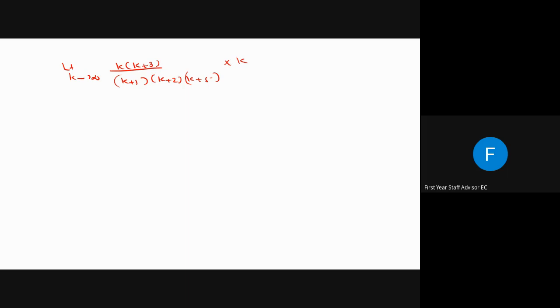Here take k square outside. The limit as k tends to infinity of k square into, here k is already there, from here take k outside, so 1 plus 3 by k remains. From this term, 1 plus 1 by k, from this term 1 plus 2 by k, and from here 1 plus 5 by k, into k.